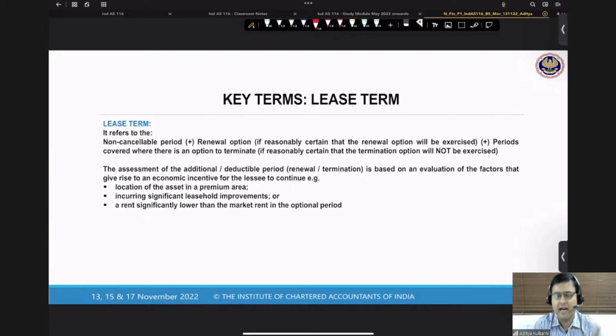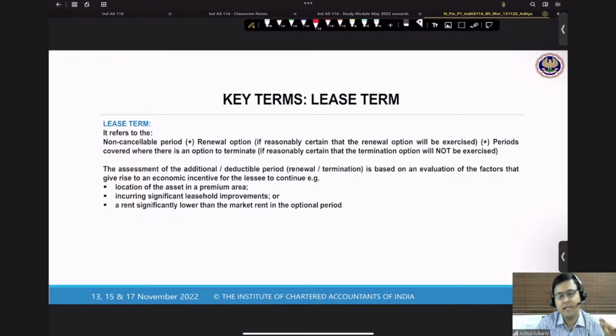One is lease term, the other is lease payments. ये दो चीजें अपने को समझ में आ गए ना, then we are thorough with this standard. ये standard में in all 3 things are very important: lease term, lease payments, and lease liability. Everything is there in these 3 things. ROU asset ultimately flows from lease liability. There are some small adjustments to ROU asset, but that will be taken care of. But ये 3 चीजें अपने को perfect करनी है.